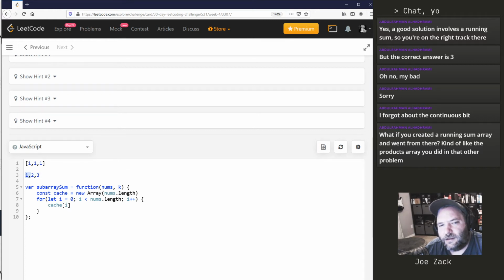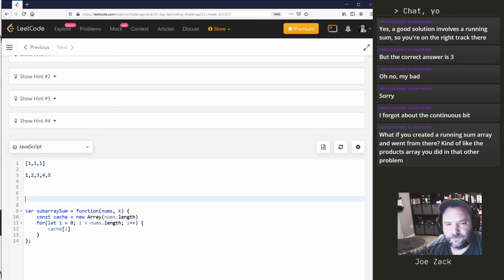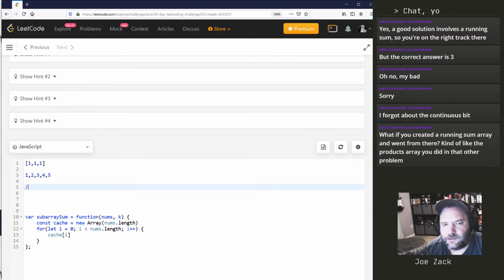So it's like I'd have to subtract the 1 from both of these, which would make this a 1 and a 2, and then I could do the same thing here. So let's try that with a bigger array, see what that looks like. And we'll say target is 5 again.